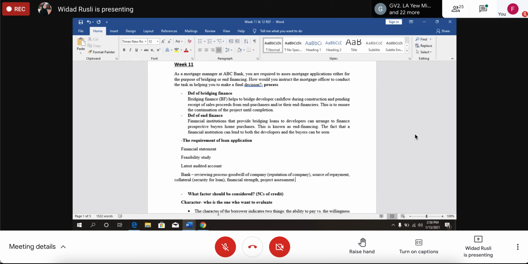Different people with the requirement is different. So what's the purpose actually of having 5C? Because we need to make the decision.